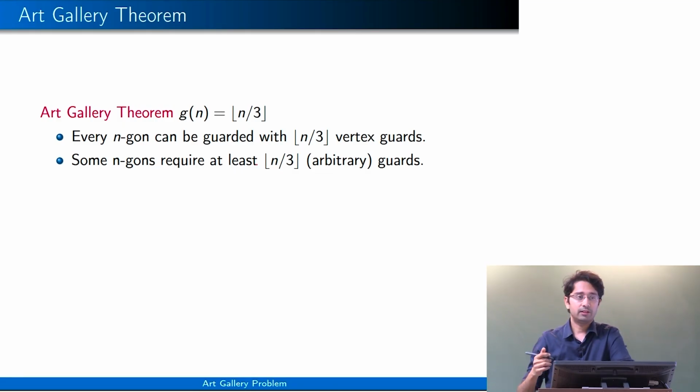It says that give me any simple polygon of size n, I can always guard it with n by 3 guards, and there exist certain polygons for which I need at least n by 3 guards, or like floor of n by 3 guards. Can you come up with an example? Yeah, but a generalized one which can be extended for any n.